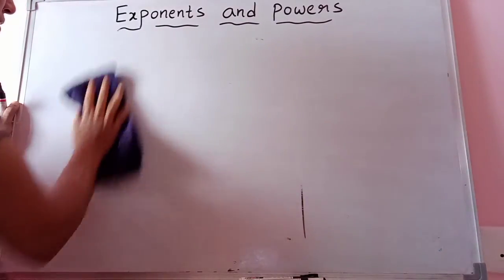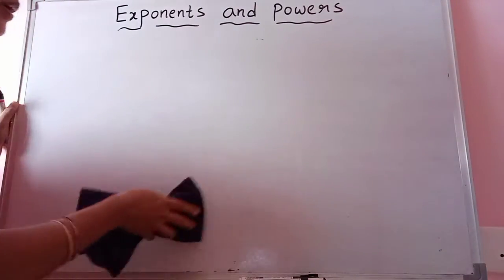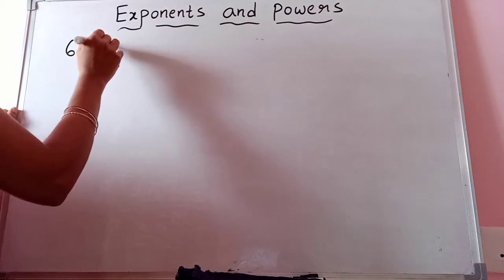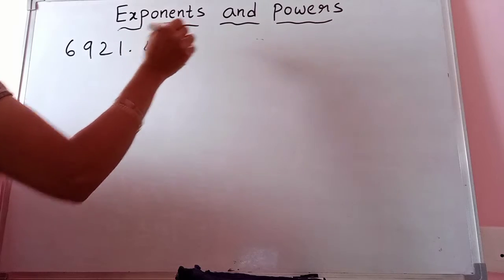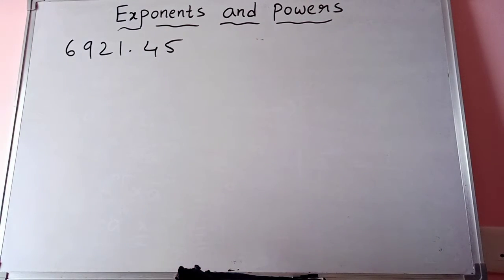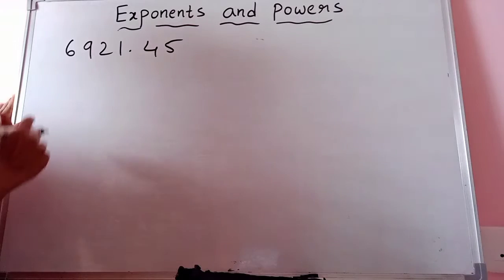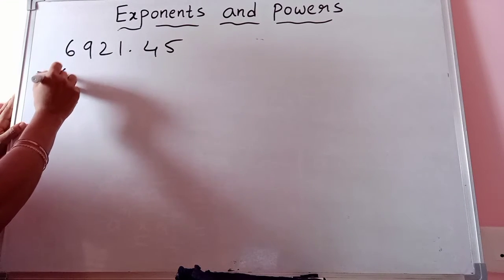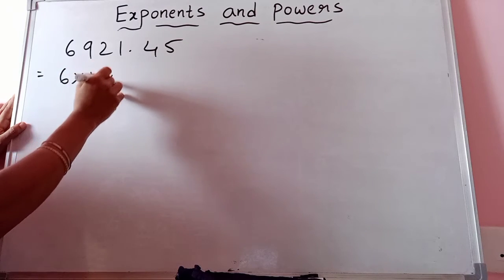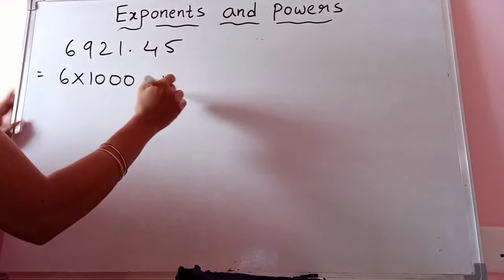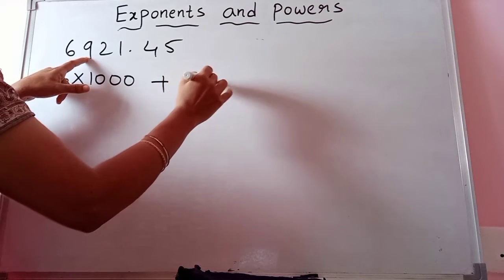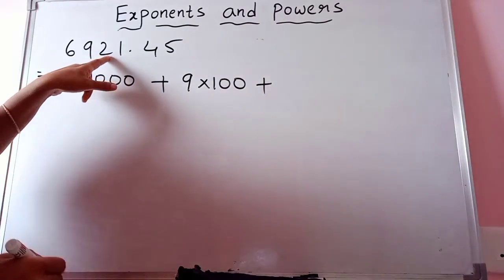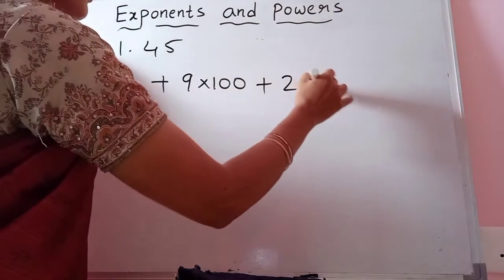Next we will see how to write the expanded form using exponents. For example, the number is 6921.45. Now to write this in expanded form, you know already 6 is in the thousands place, value is 6000, that is 6 into 1000. 9 is in the hundreds place, 9 times 100. 2 is in the tens place, 2 times 10.